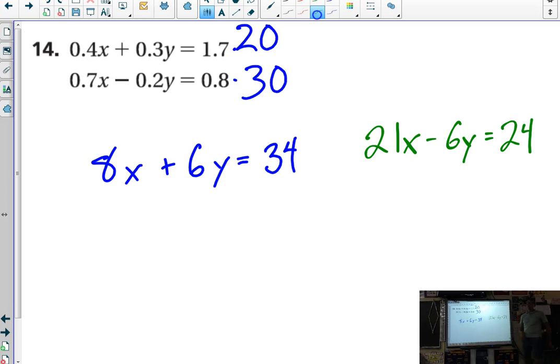Now I have nice integer values and opposite y values. If I combine my equations, I will be able to isolate my x. So even though you didn't need to multiply by quantities that large, it makes everything following that so much easier. Always look for the easiest way to do this.